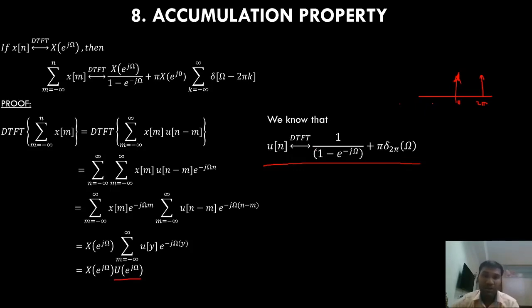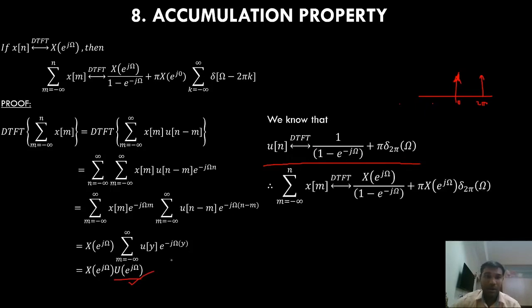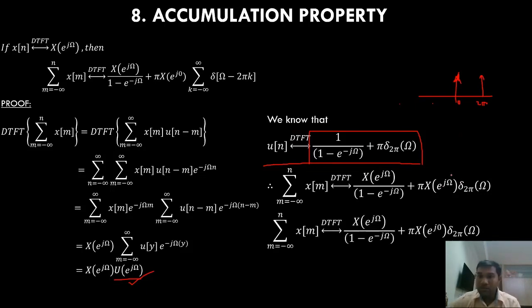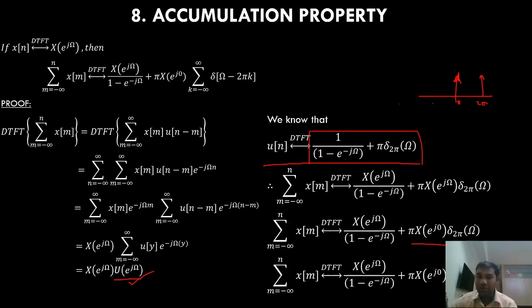So I'll just substitute the DTFT of u of n here. I'm just going to multiply this DTFT with X of e power j omega. So this is based on the multiplicative property of the impulse, and this delta 2 pi of omega I am writing in the form of summation.